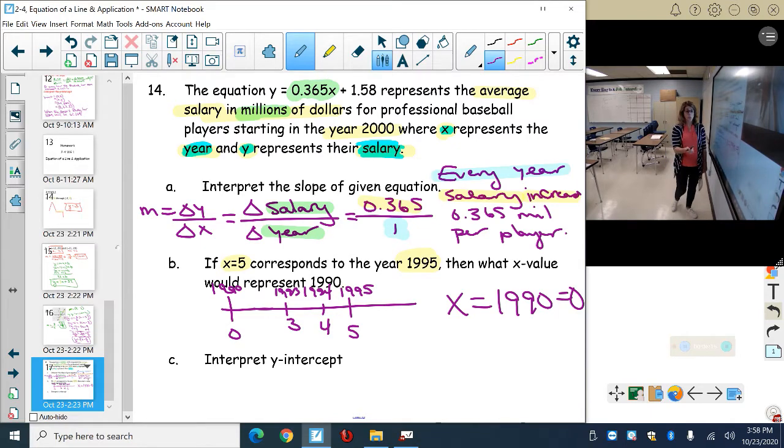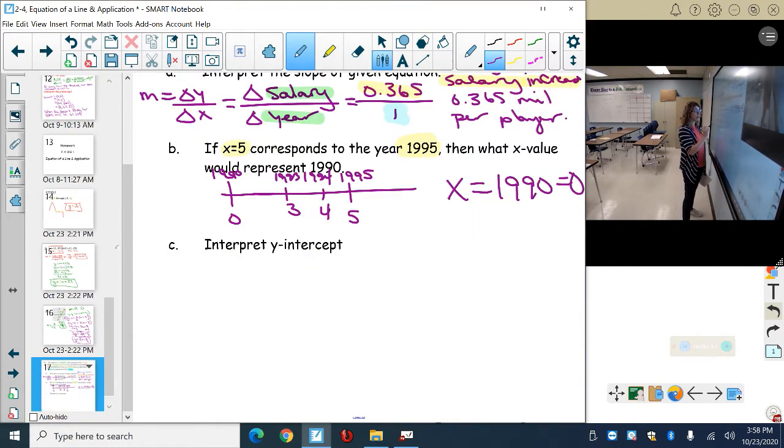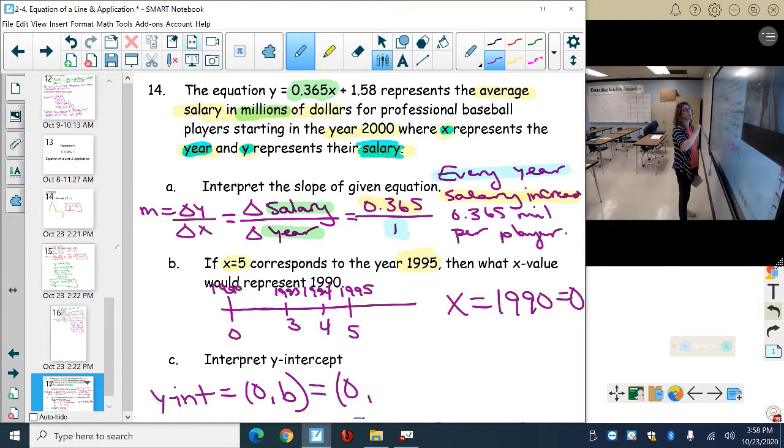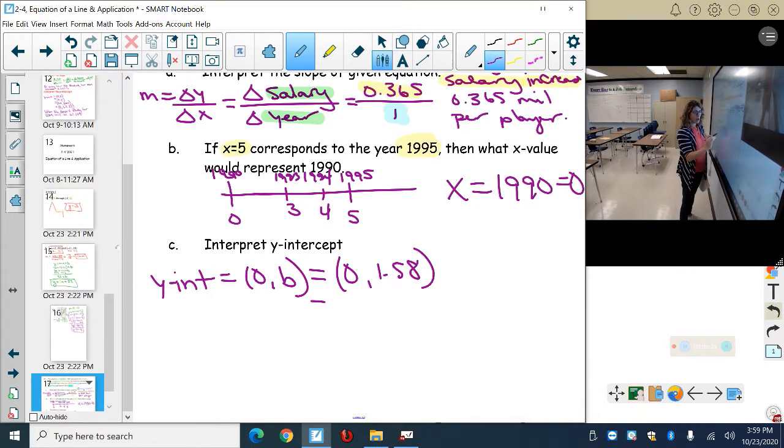Well, how does that help us? Because if I have to interpret the y-intercept, it is the point (0, b). If that's the point (0, b), that means I'm going to have 0, comma, well, what did it say it was? 1.58. Well, that is going to correspond to x and y. X represents the year, y represents the salary.